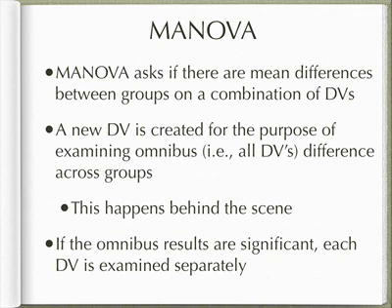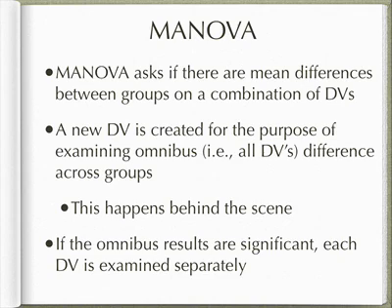So we're talking about what's happening at the multivariate level. It simply asks the question: is there a mean difference between groups on a combination of dependent variables?